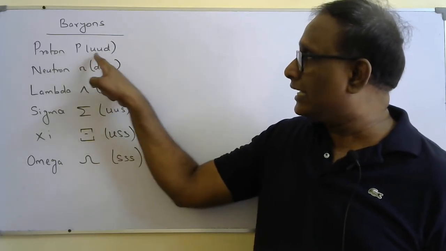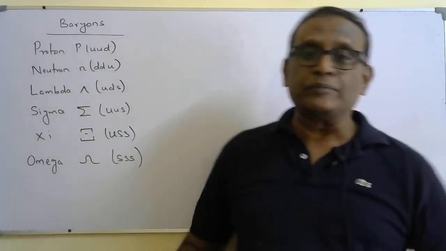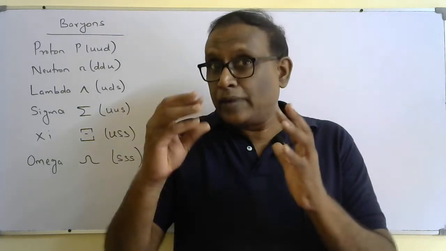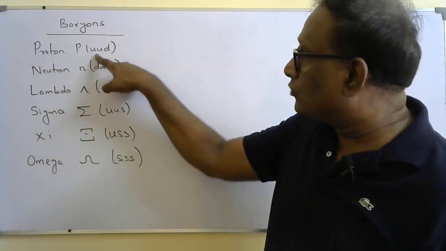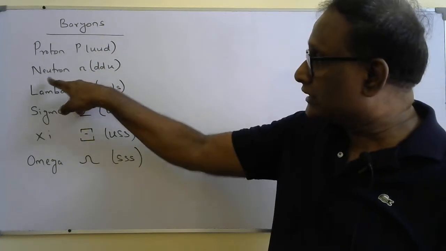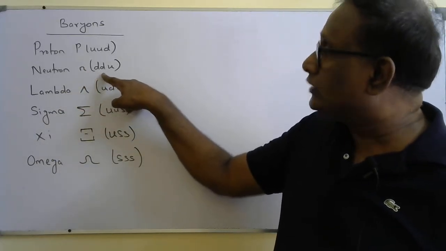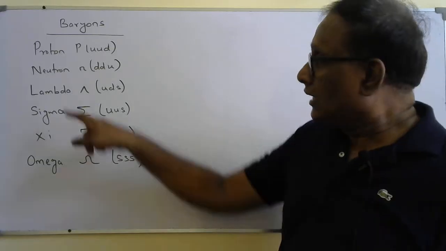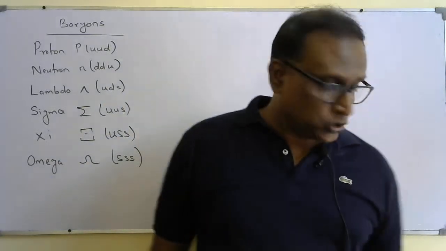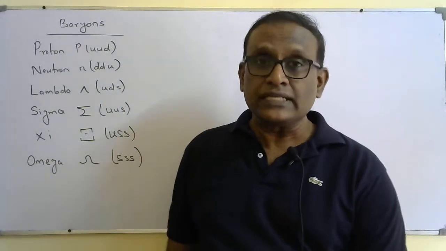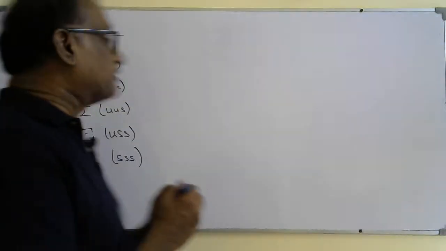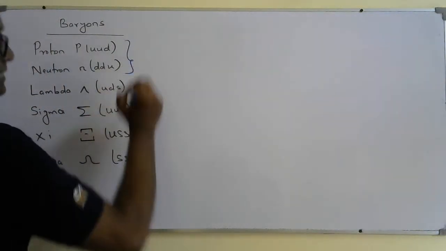Proton notation is P. Within the bracket, what we put is the confinement, that is, two up quarks and a down quark. Neutron, N notation, consists of two down quarks and an up quark. Now these two particles, protons and neutrons, exist naturally and they survive.